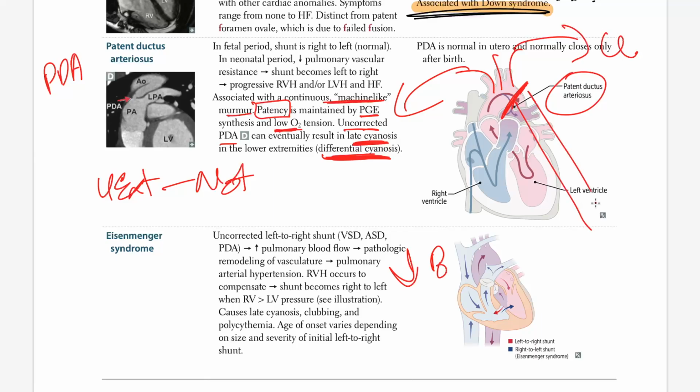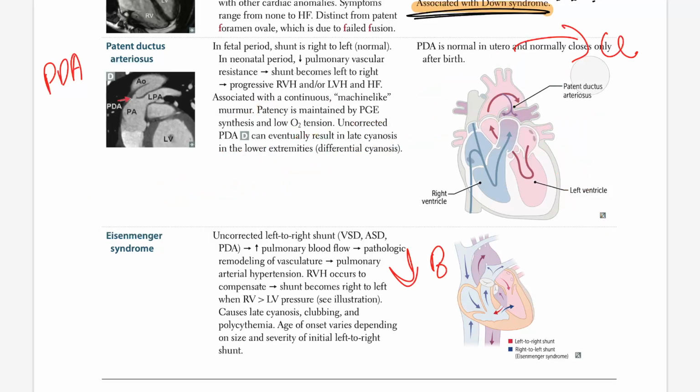It is the lower limb which is affected, and in the lower extremities you will see cyanosis, which is called differential cyanosis, and you will see that in other diseases. I'll mention that specifically. PDA is normal in utero, but it would normally close after birth.